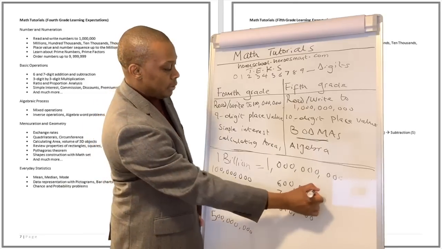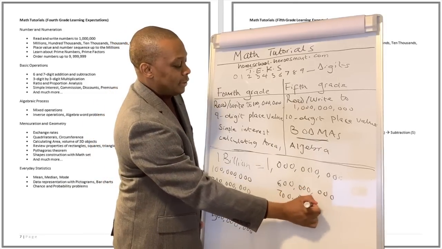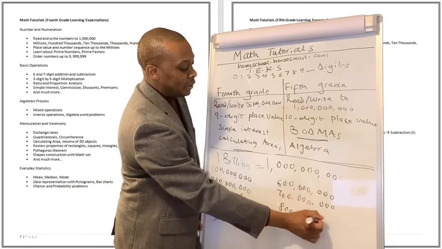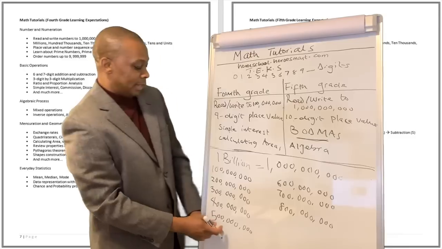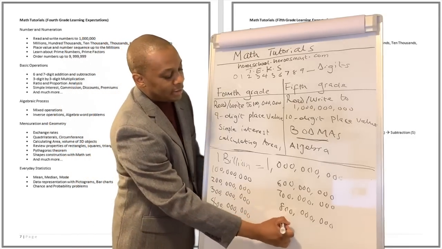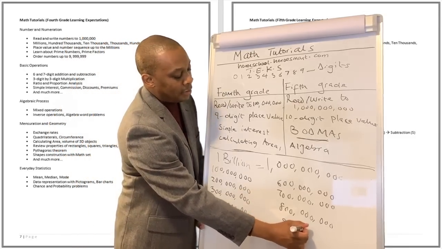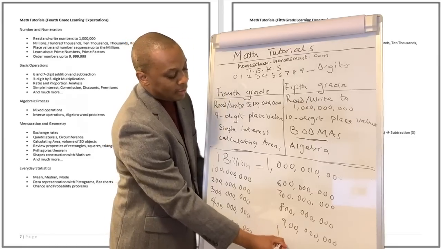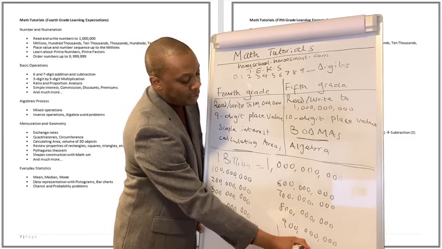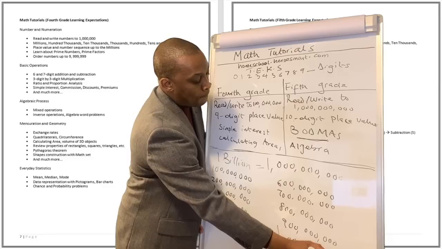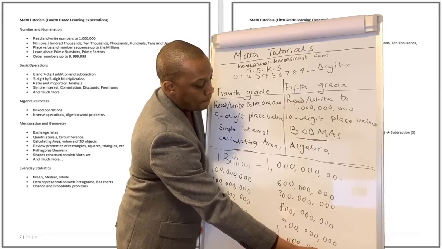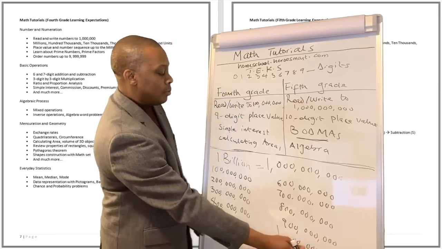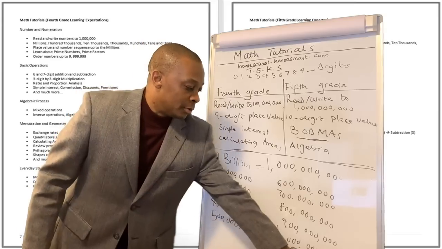Then 800 million, sorry, there's a couple more zeros that I need over there. All right, that's correct now. So 900 million, and then 1 billion. So that's 9 zeros for me over there.